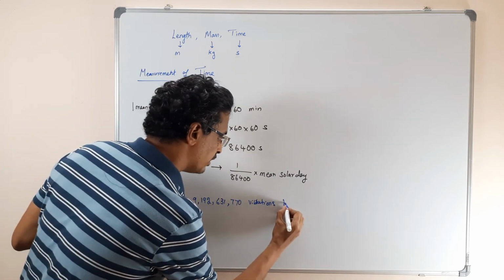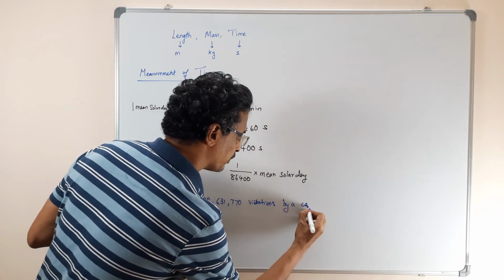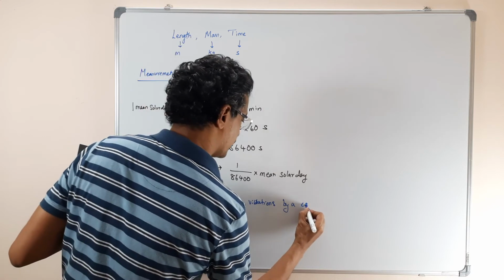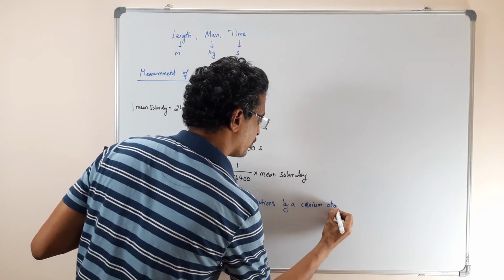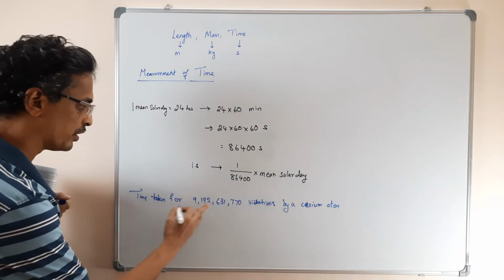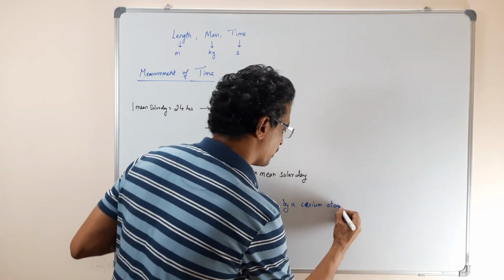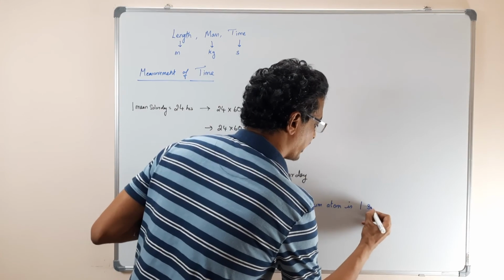Cesium spelling is C-E-S-I-U-M, cesium atom. The time taken for this many vibrations by a cesium atom is 1 second.